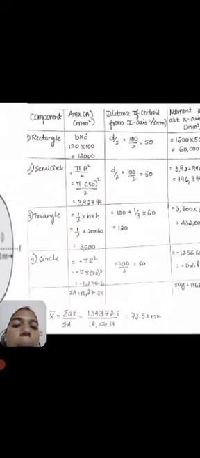Next, area 3927.99 into 141.22 is 554,756.9. Next, what is the area? 36,000 into 40 is 1,444,000. Next, what we have got? 1256.6 into 60 is 75,396. We got this much.